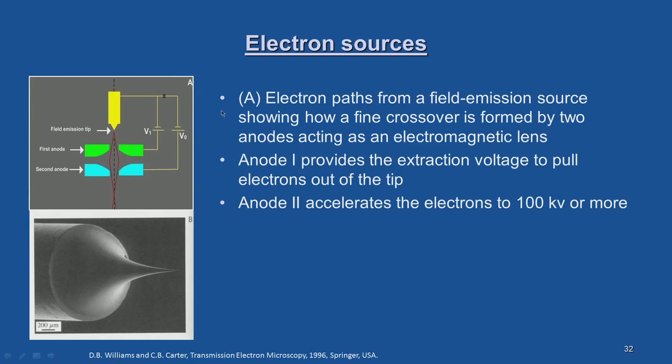The next, superior electron gun source, as I mentioned, is the field emission source. You can see the field emission tip and the subsequent anode design, and the electron path from the field emission source, showing how a fine crossover is formed by two anodes acting as electromagnetic lenses.